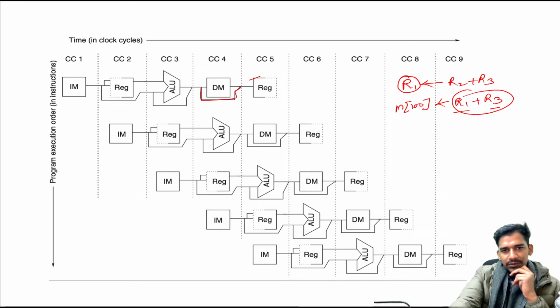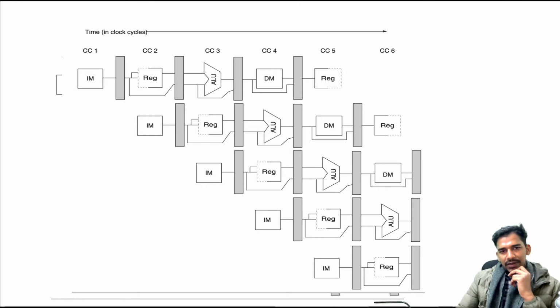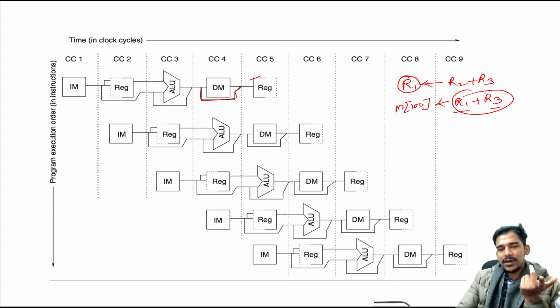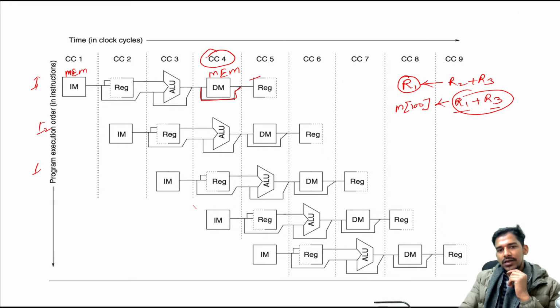Now there may be some issue. For example, let us say we have a single memory for instructions and data, not an instruction memory and a data memory, only a simple memory. Let us say this is instruction I1, this is I2, this is I3, and this is I4.